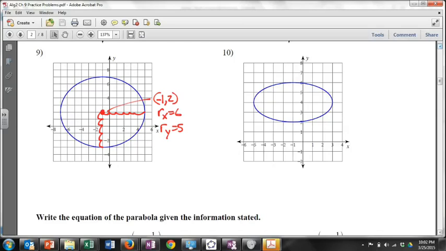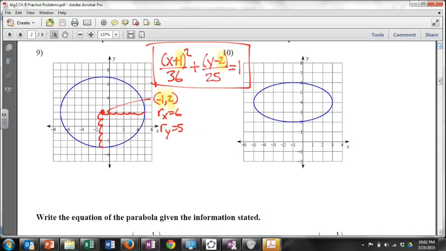And now our equation for a translated ellipse, where we take the -1 and put it up here: x minus -1, divided by 6 squared, 36, plus, y minus 2, and the 2 came from the coordinate of the center, divided by 25 is equal to 1. That's our ellipse.